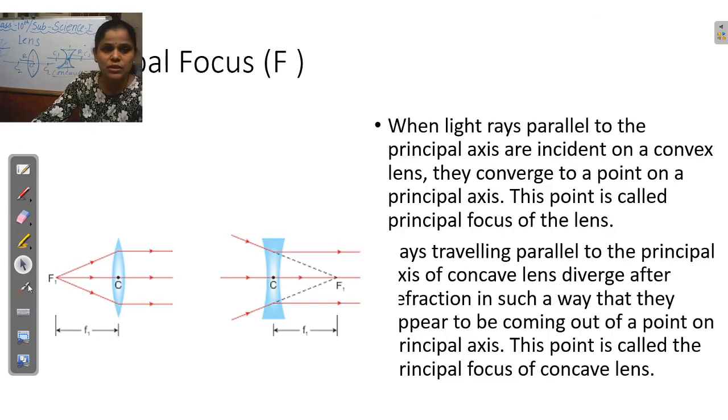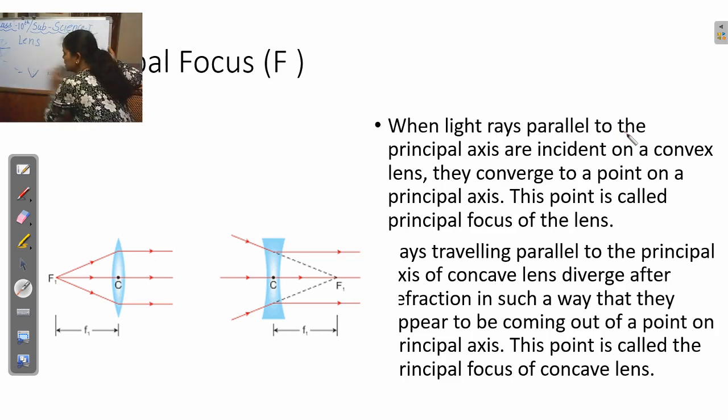The next term is the principal focus. What is the principal focus? It is denoted by F. Let me draw the diagram of a convex lens. Here, this is a convex lens, and this is the principal axis.